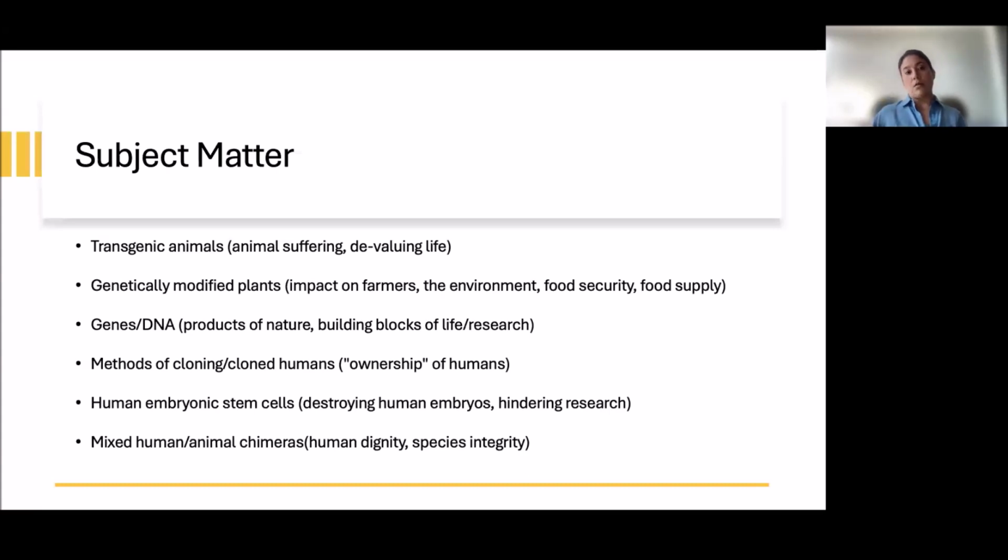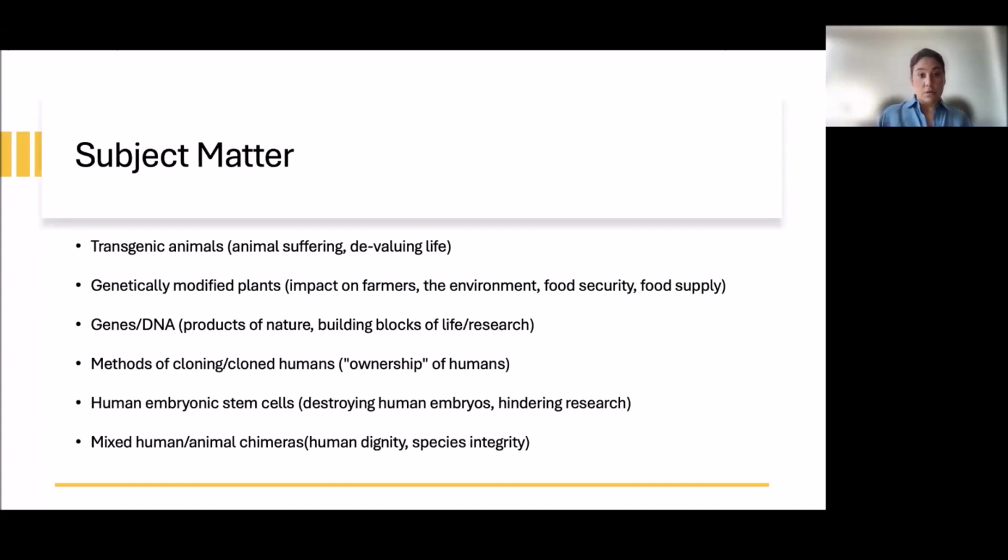Subject matter is relevant and challenging for synthetic biology inventions because it could be related to transgenic animals, which possibly involve animal suffering or devaluing life, or genetically modified plants that have a huge impact on the public, farmers, and the environment.